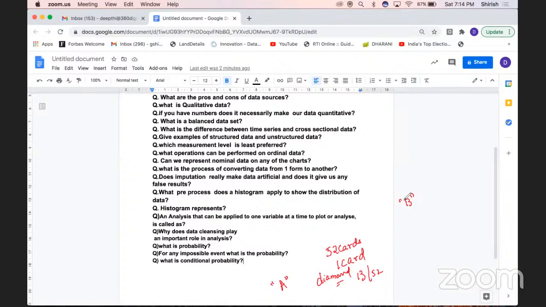First thing, it depends on whether the first card is replaced or not. If it is replaced, I would get the same answer again. What if I'm not replacing that card? If I'm not replacing, I would get 12 by 51.